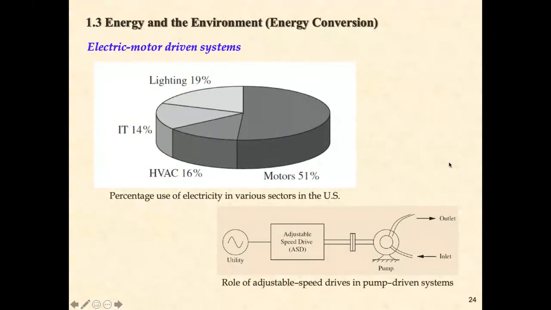Okay, so one of the first systems that the scientists or the engineers want to change from the conventional approach to power electronics or an electric driven approach is the motor. This is not the very updated figures, but we still have some ideas. The portion of motors is the largest, almost over 50%.